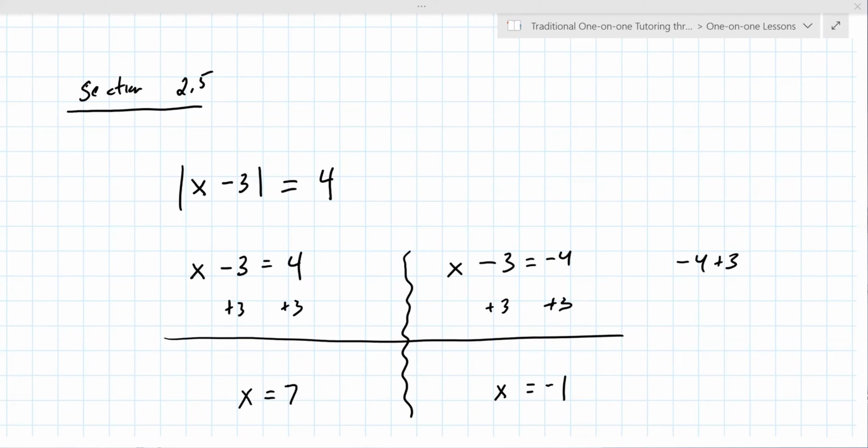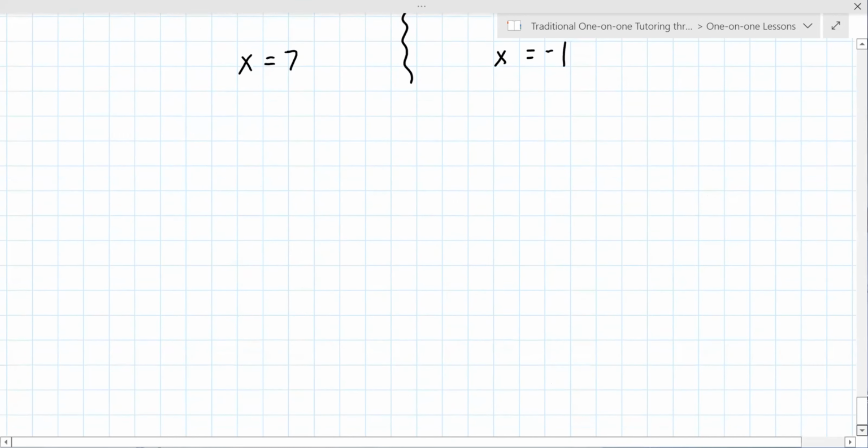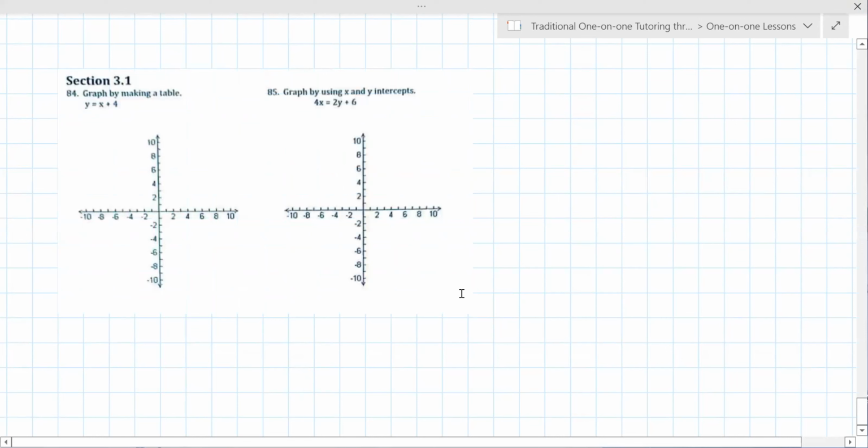Let's look at some graphing stuff now. Let's look at 3.1, if that's okay. All right. So let me tell you what I tell all the students taking this class.